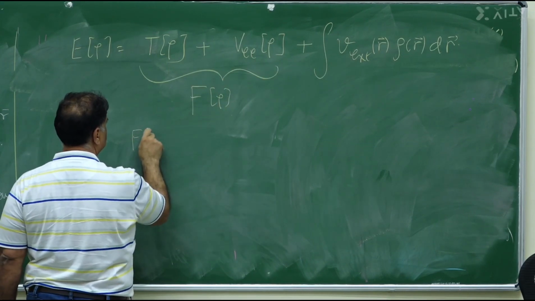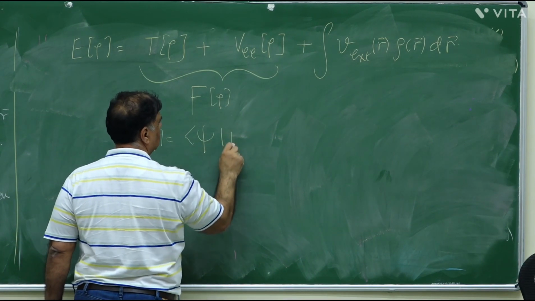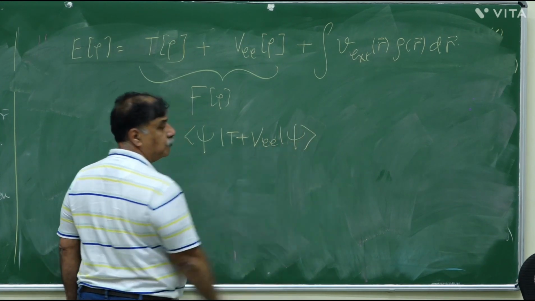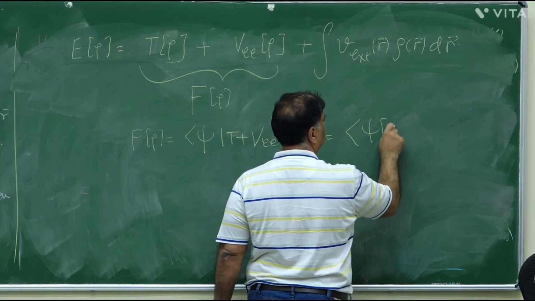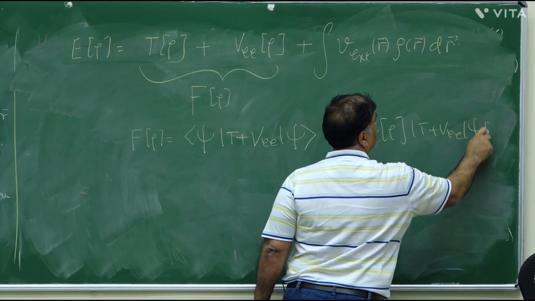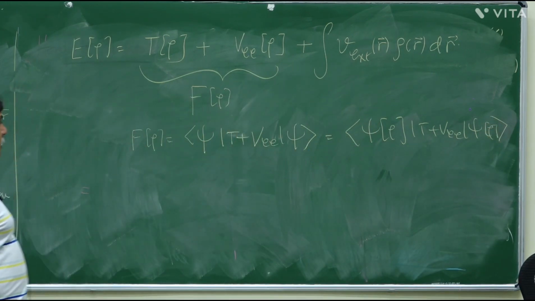What is F[rho]? F[rho] is a functional, this expectation value of psi[rho] T plus V_EE psi[rho]. You see, nowhere V external comes.